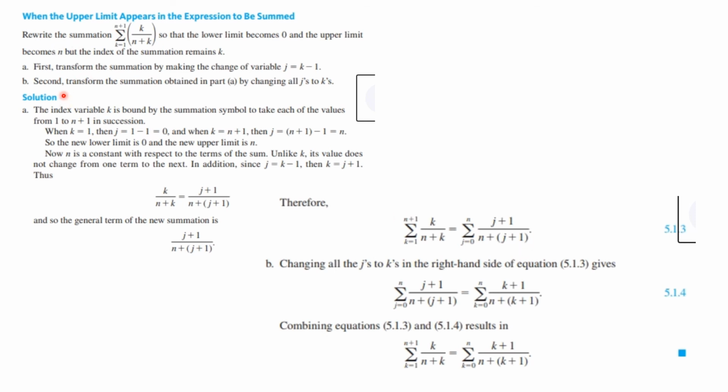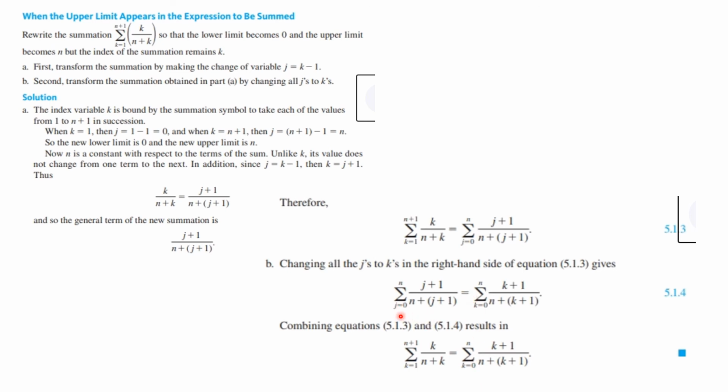Let's do the same thing with the second one. Transform the summation obtained in part A by changing all the j's to k's. So this is kind of working backwards. We're changing all the j's to k's, and so we'll get that j plus 1 is going to be k plus 1, and so we get this, and you see now that's a dummy variable.